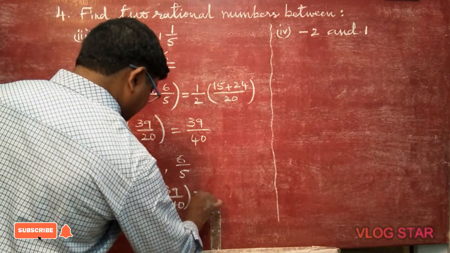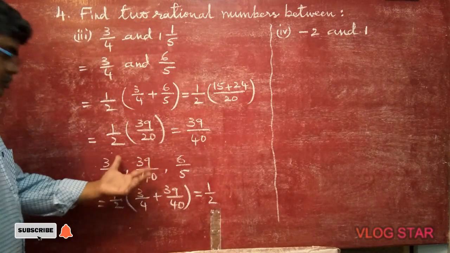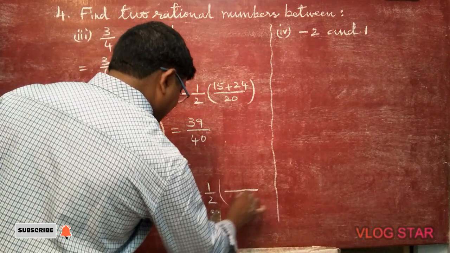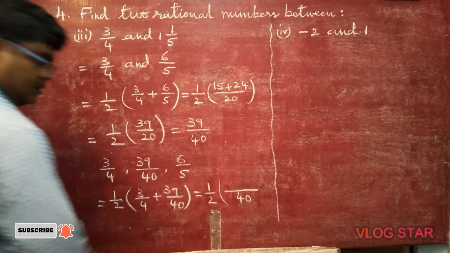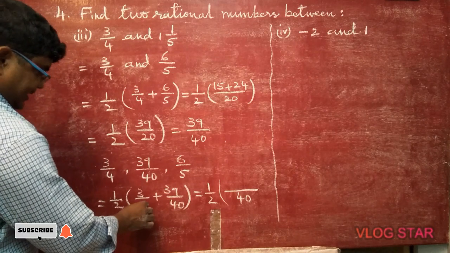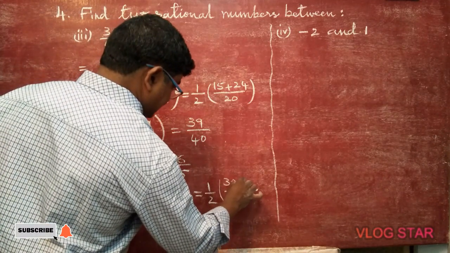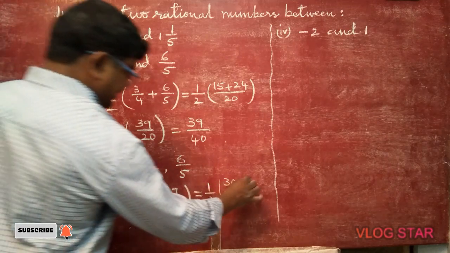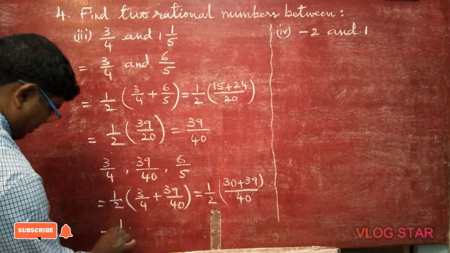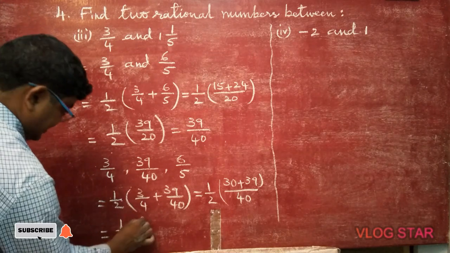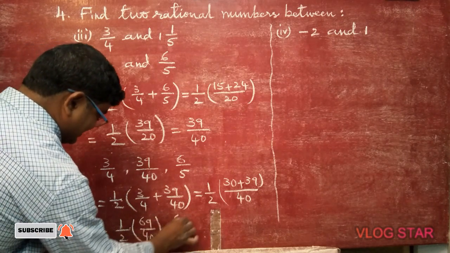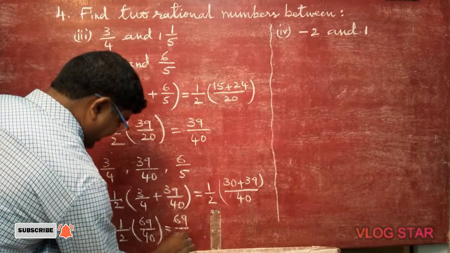That is equal to half of, in between they told, either this side or that side. Now, 40 will be the LCM because for 4 and 40, 40 is the LCM. Now 4 goes 10 times, 30 plus 40 goes one time, 1 thirty-nine is 39. That is equal to 1 by 2 into 69 by 40. So no table cancels. 69 by 80.